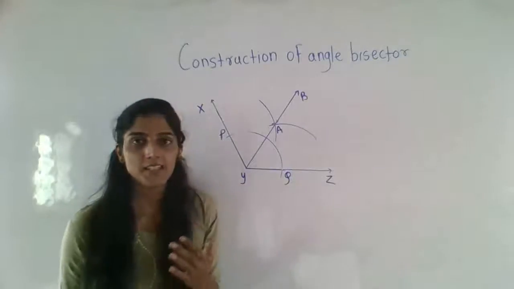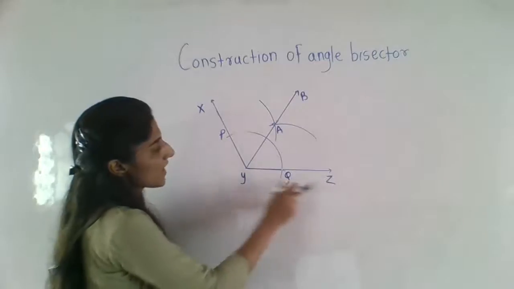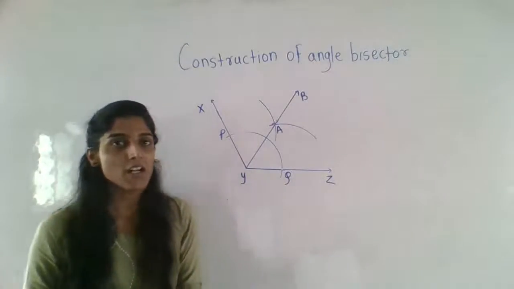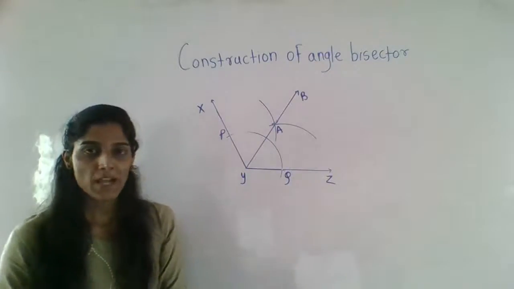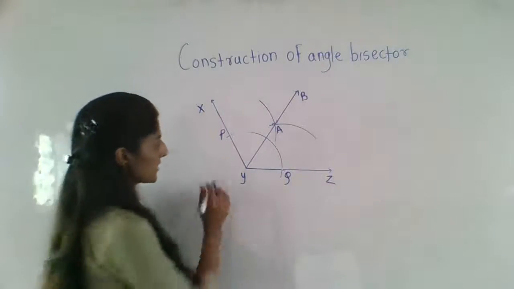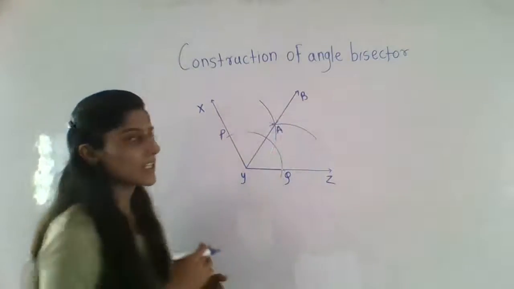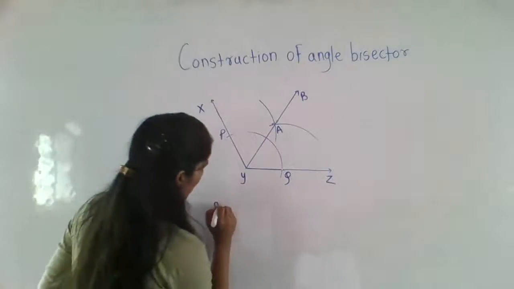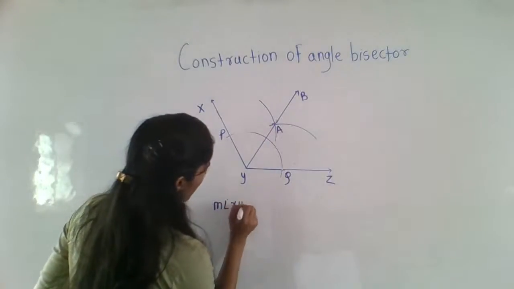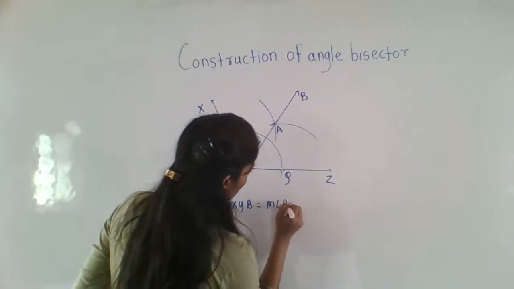Now you can see that the ray YB divides the angle XYZ into two equal parts. So the ray YB is our angle bisector. Understand? Now we can say that the measure of angle XYB is equal to the measure of angle BYZ.